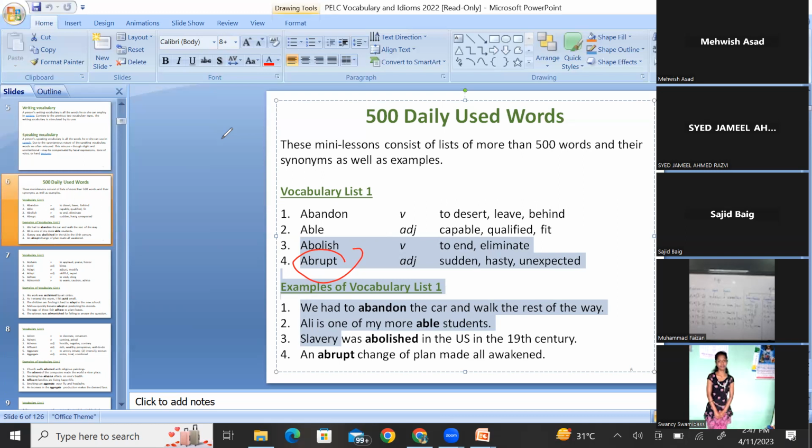Some guests abrupt in my house. Sudden in your house. Abruptly came in my house, right? Abruptly came in my house. Right now, here you would move abrupt to an adverb. Abruptly came in my house, right?